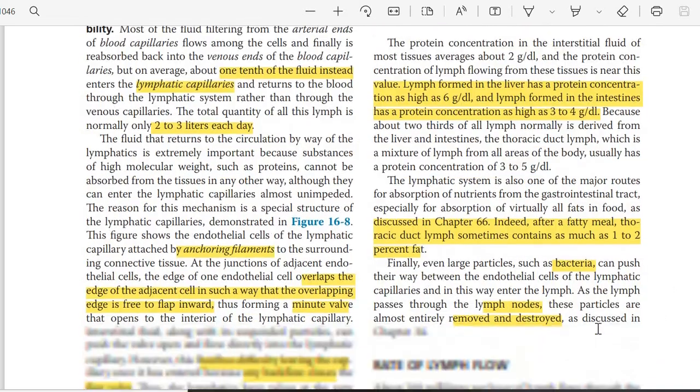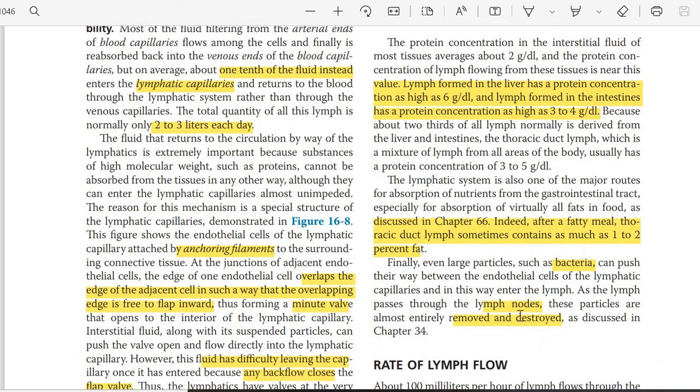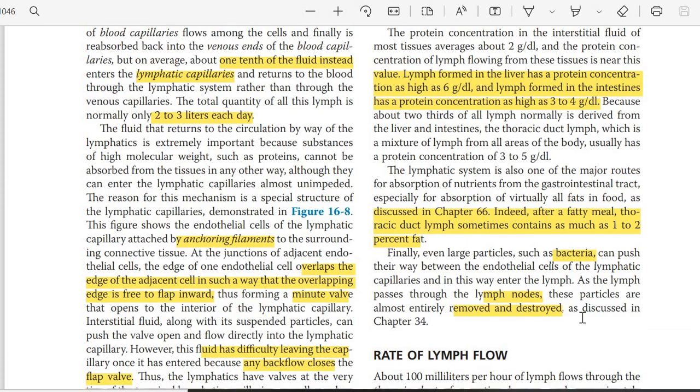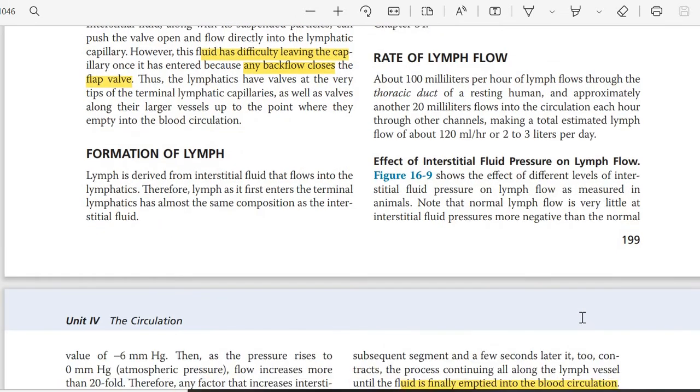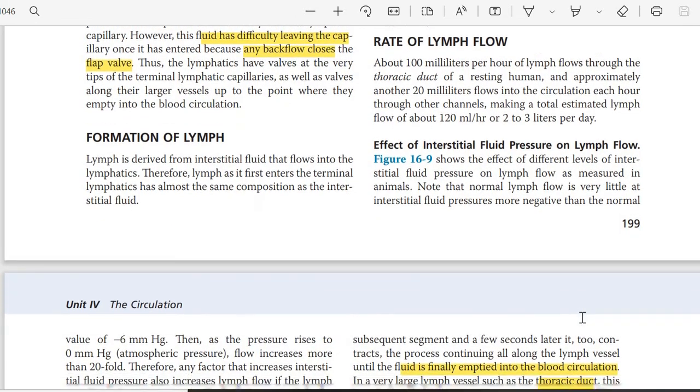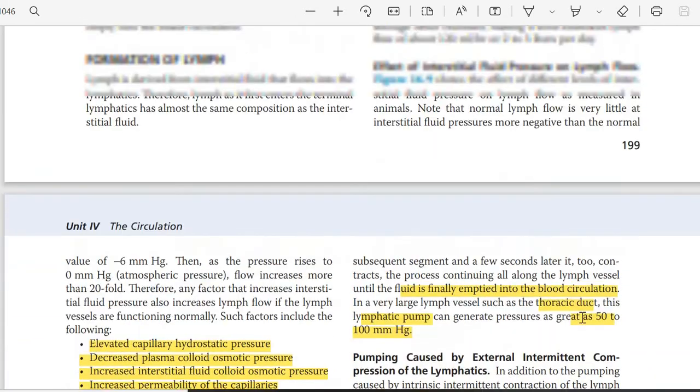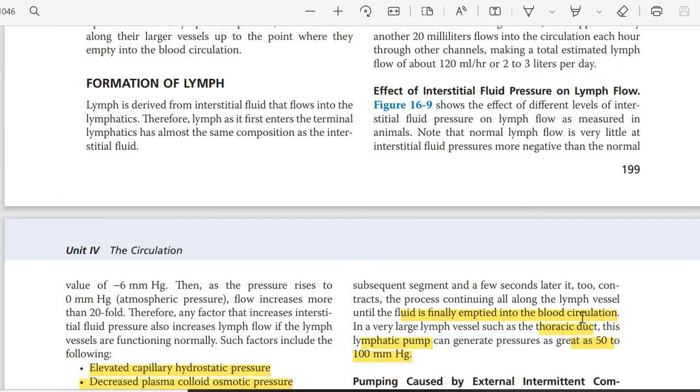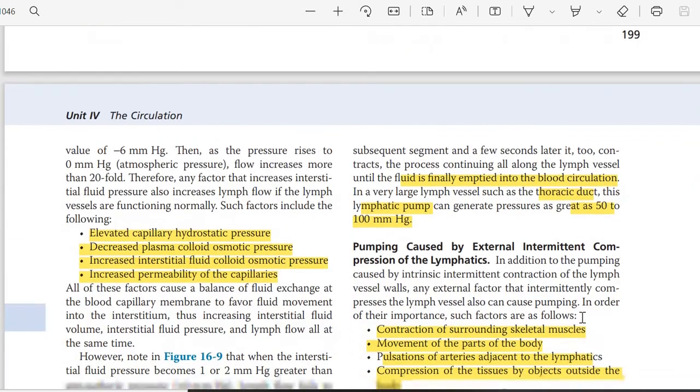Now, in the previous figure, you see that lymph passes through the lymph node. The lymph node acts as a checkpoint for bacteria and foreign material, and provides immunity substances. Now they are talking about the factors affecting lymph formation and lymph flow.